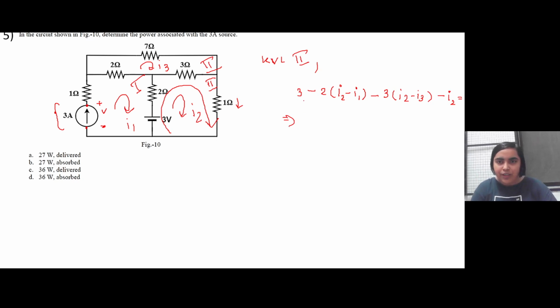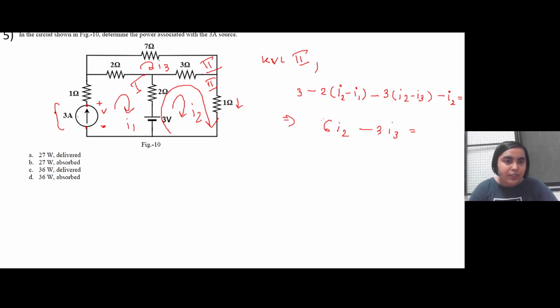So if you simplify this, it will come out to be 2 into 2 I2, 3 into 2 I2, so it will be 6 I2. You bring the I2 on that side, so 6 I2 minus 3 I3 will be equal to, so I2, I3, I1.